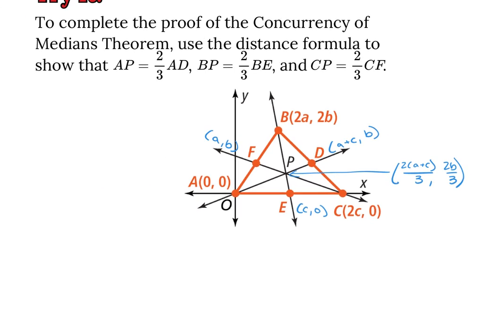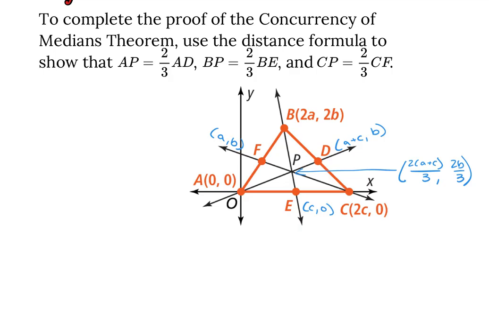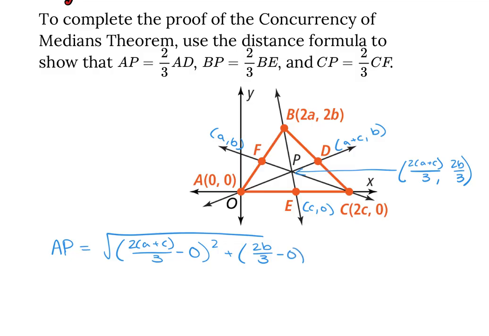First thing we want to do is find the length of AP. So we're going to use the distance formula to find the length of AP. Okay, so that's going to simplify to eliminate those zeros.